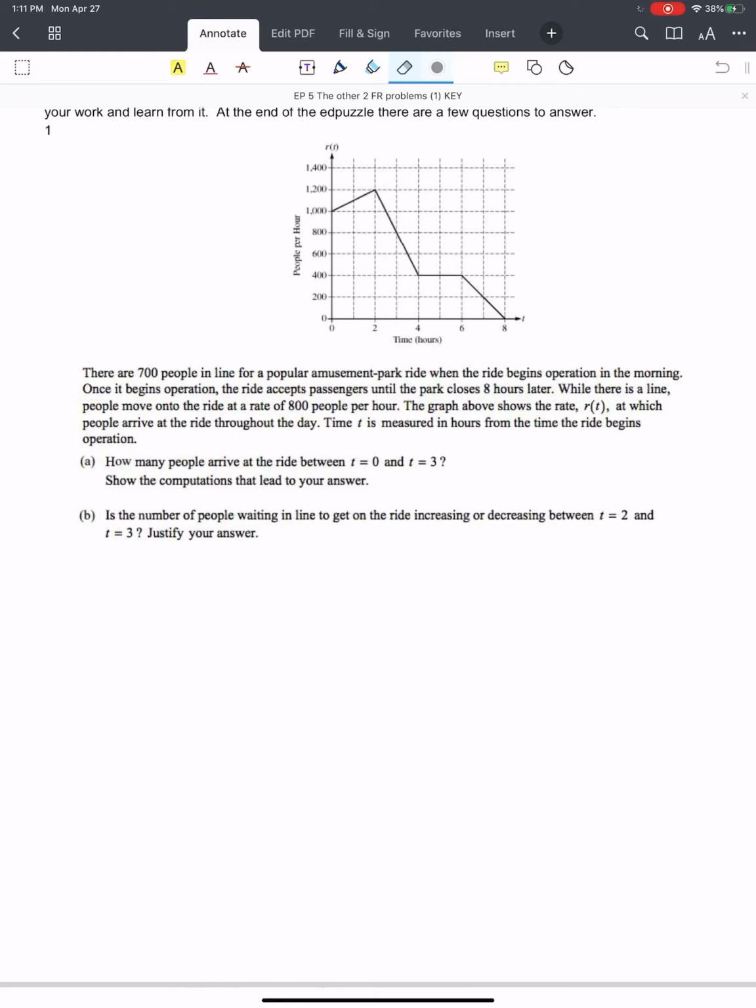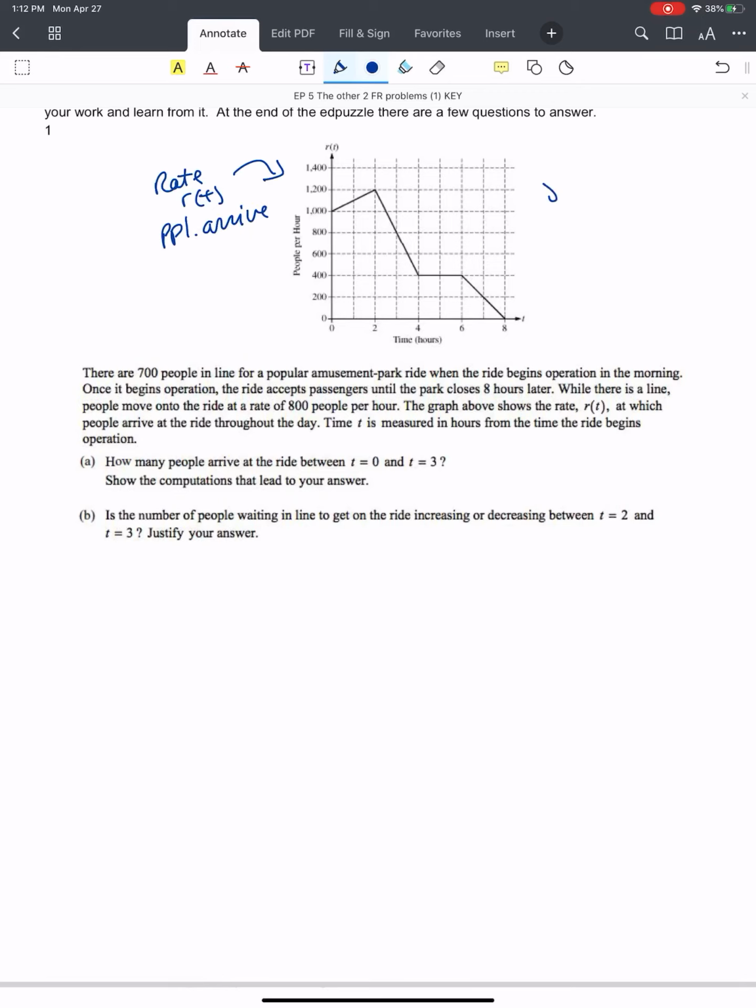So I'm just going to read the question part. How many people arrive between 0 and 3? And you do realize that this here is the rate, R of T, of people arriving. You may have seen this question before.